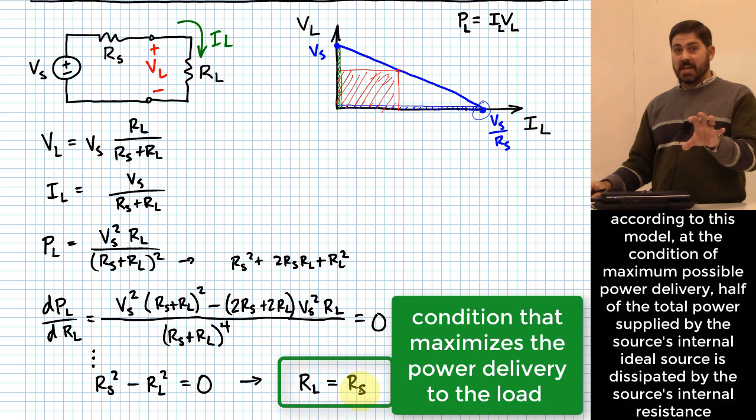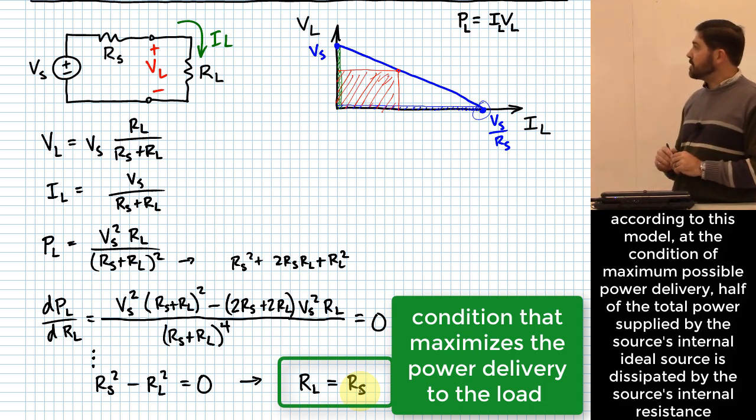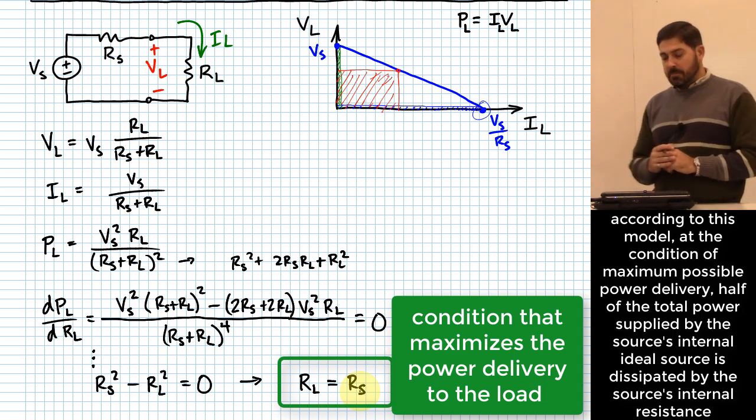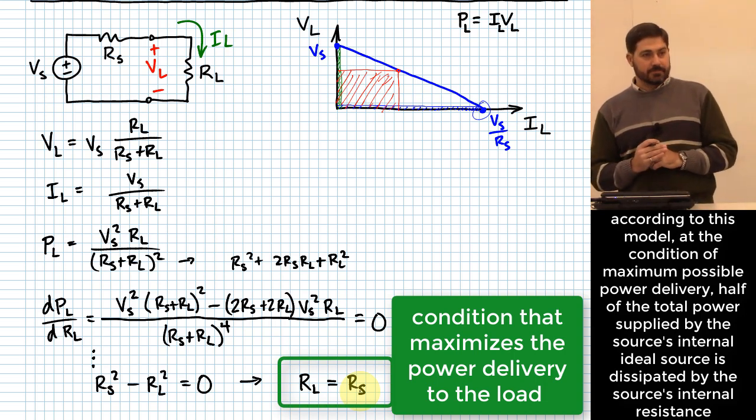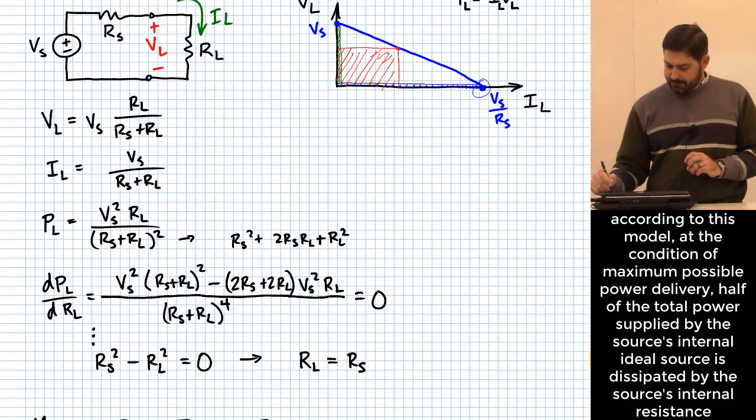It'll probably make it heat up. And maybe it's up for that, or maybe it's not. But hypothetically, in theory, if you match these two resistance values of the source and the load, then that's going to maximize how much power you can deliver. Okay? Let's do one more example where we use that.